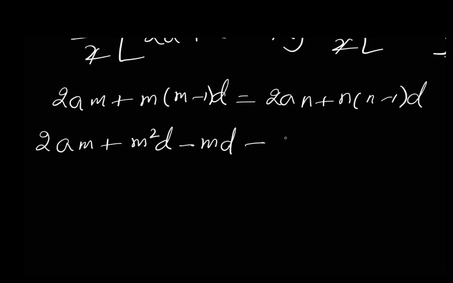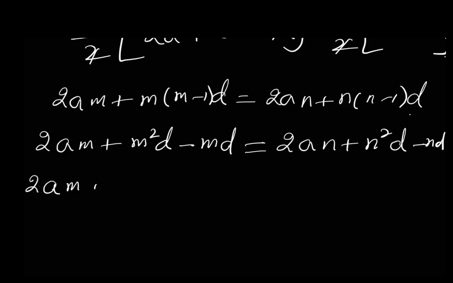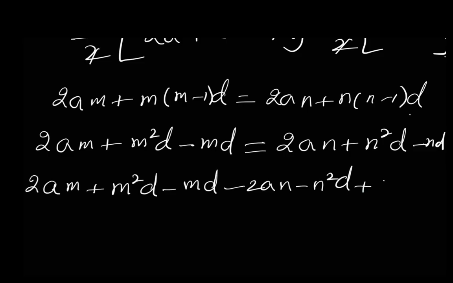So bring it to the left side here. First you simplify the right side. 2an plus n squared d minus nd. So bring all to the left side. 2am plus m squared d minus md minus 2an minus n squared d plus nd is equal to 0.